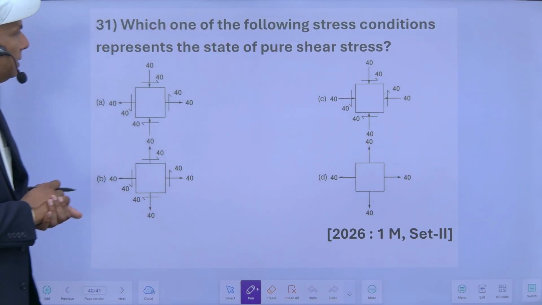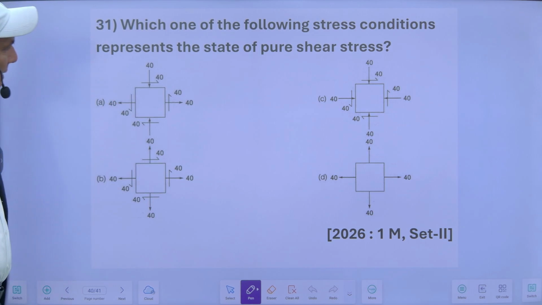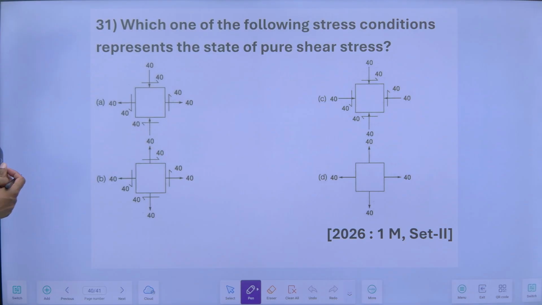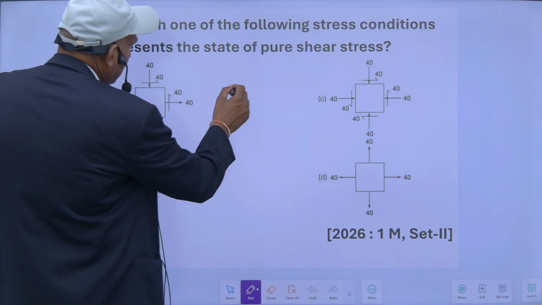Which one of the following stress conditions represents the state of pure shear stress case? So these are the options. For pure shear, my normal stresses should be equal to 0. If I draw a Mohr circle for this portion, then it will be like this.